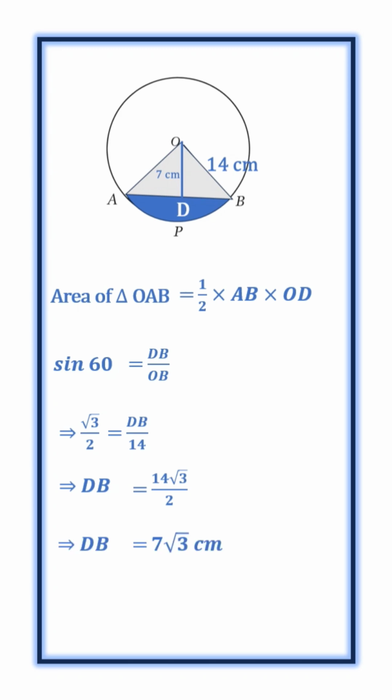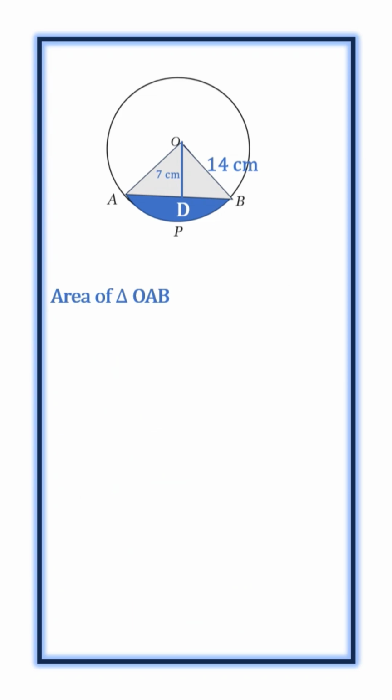But we want AB. How can we get it? AB is equal to 2 DB, that is 2 into 7 root 3 centimeter, that is 14 root 3 centimeter. Now area of triangle OAB, let us continue. Half into AB into OD. AB we have found: 14 root 3 centimeter.